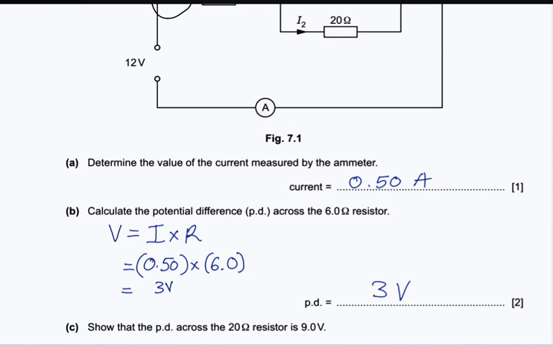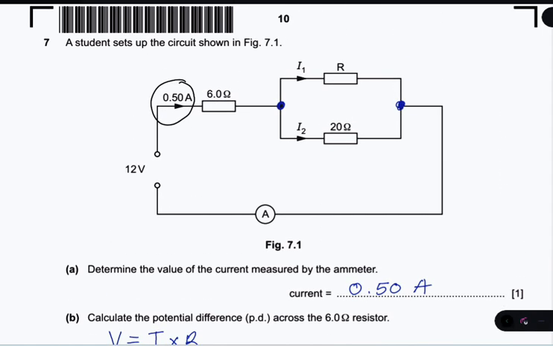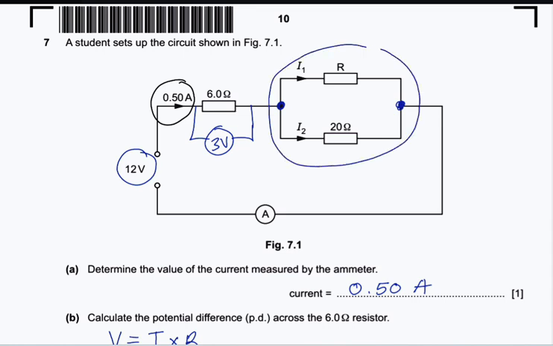Now the question also wants us to show that the potential difference across the 20 ohm resistor is 9 volts. So what we need to understand is that if we have a power supply of 12 volts, considering the conservation of energy, if we have 3 volts across this one, the remainder of the potential difference being supplied will be across these two, because they are connected at one point.